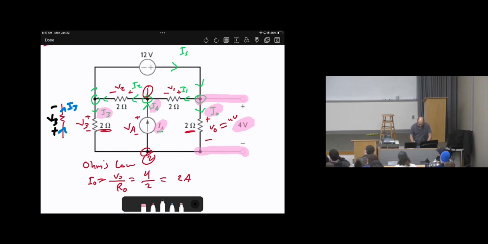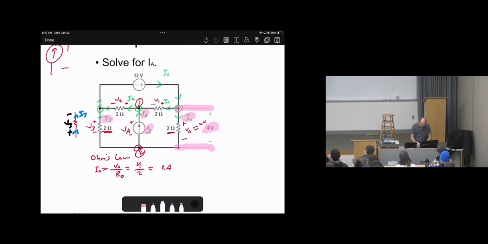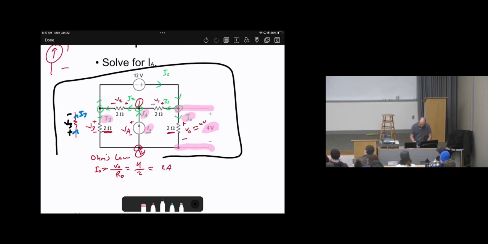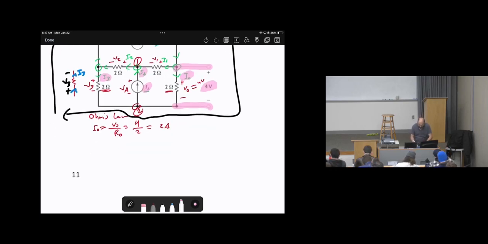How about the outer loop? Can I do KVL at the outer loop? V3 is unknown, I2 is known, VO is known. Okay, that's it. That's the way that I'm thinking, which is you need to look for a way such that there is only one unknown. Then I will write, again, make sure to justify your answer. We will do KVL at the outer loop.